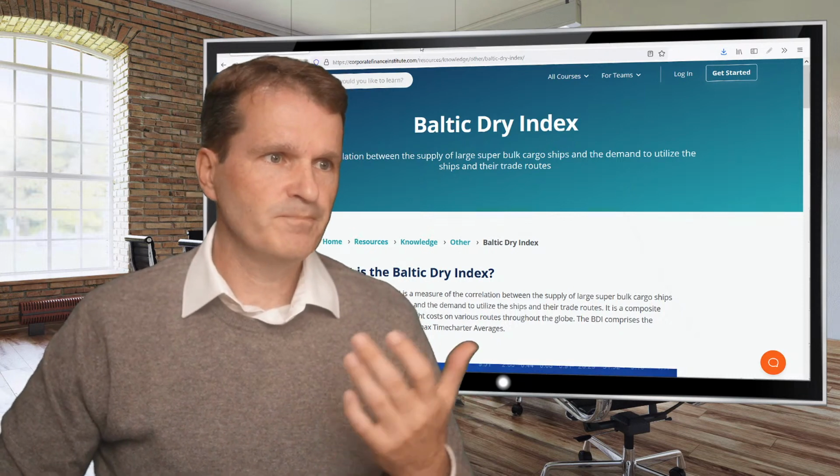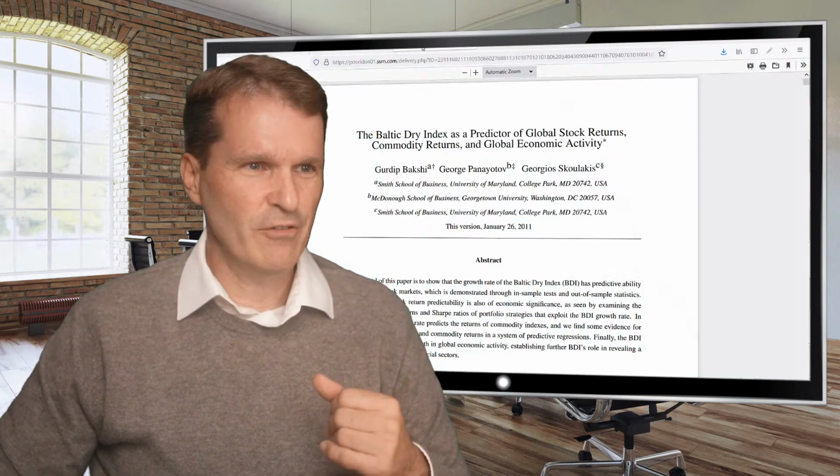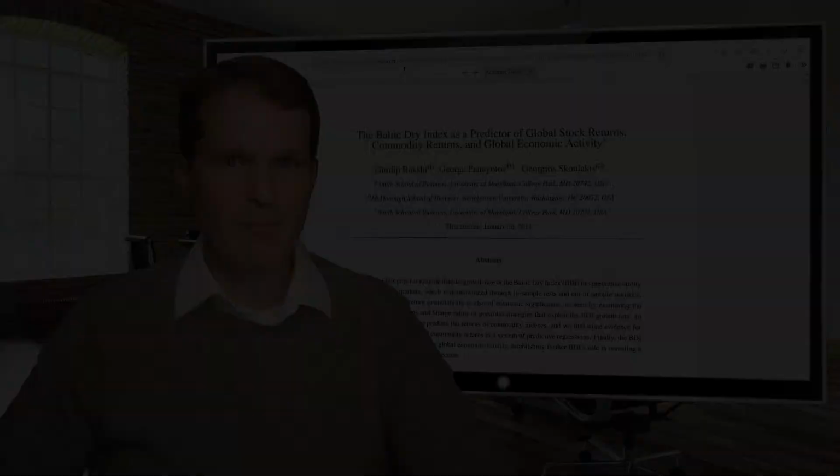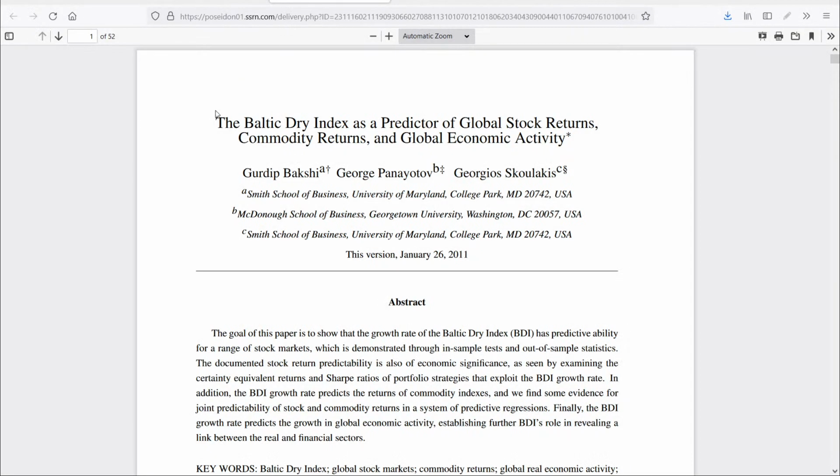For example, if you're interested in a follow-up read, this paper has done a lot of work on the Baltic Dry Index as a predictor of global stock returns, commodity returns, and global economic activity.